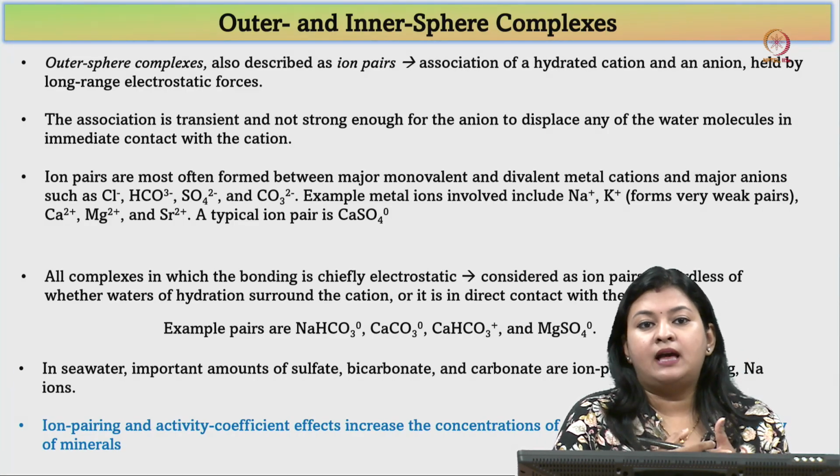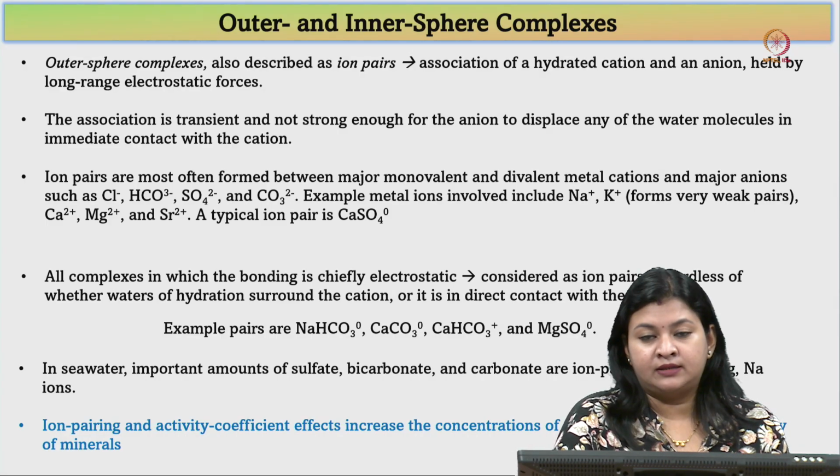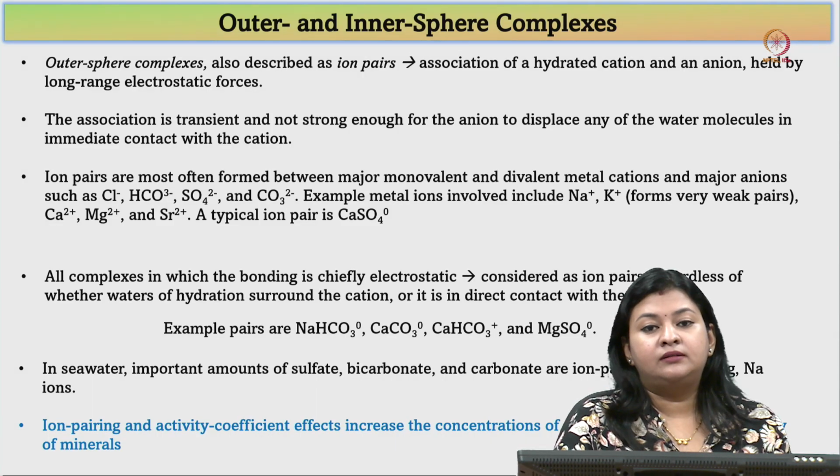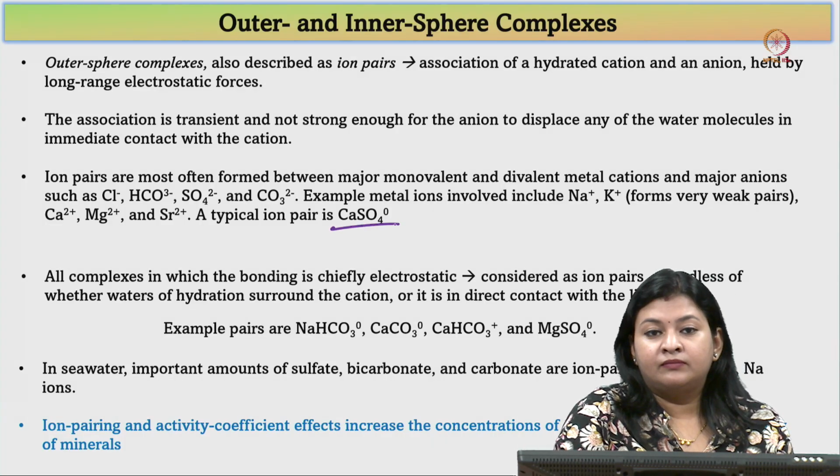Now, ion pairs are most often formed between major monovalent and divalent metal cations and, similarly, major anions. So, the example is calcium sulphate. Okay.